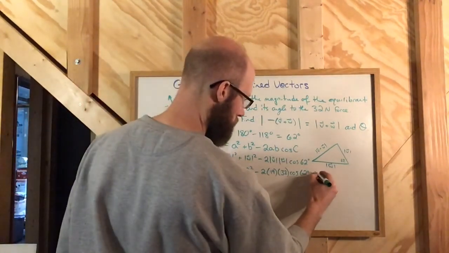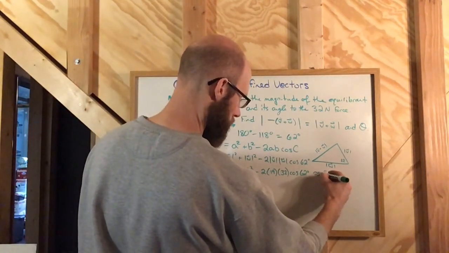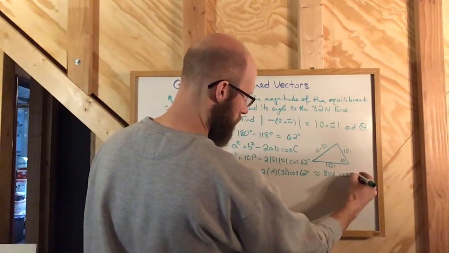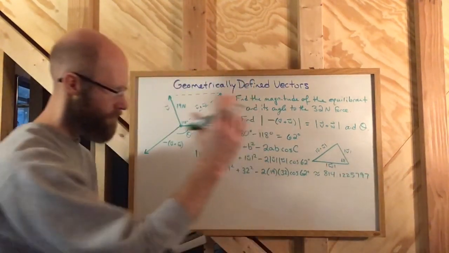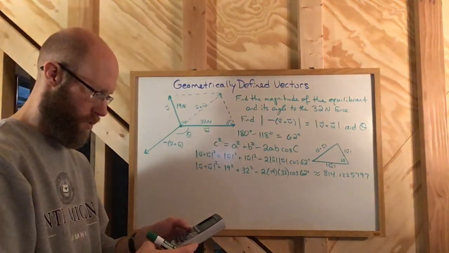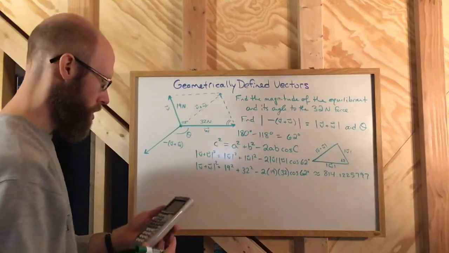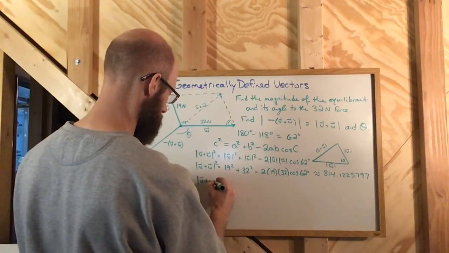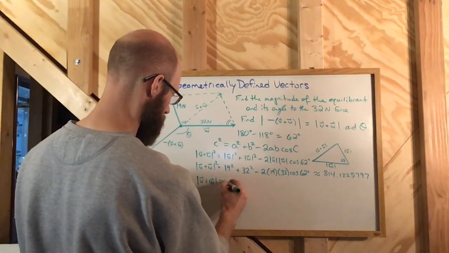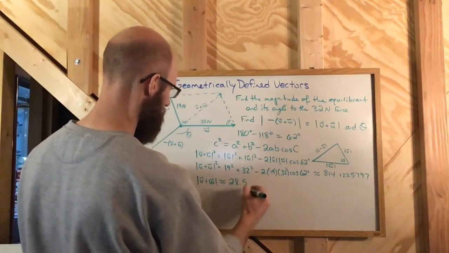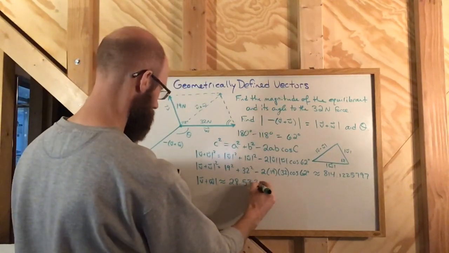So that's approximately 814.1225797. Decimals keep going. And then I want the square root of that, right? So the square root of that answer is 28.5328. So magnitude V plus W is approximately 28.5328.